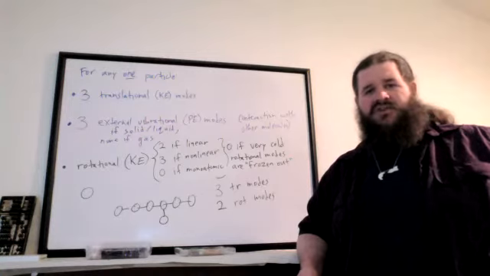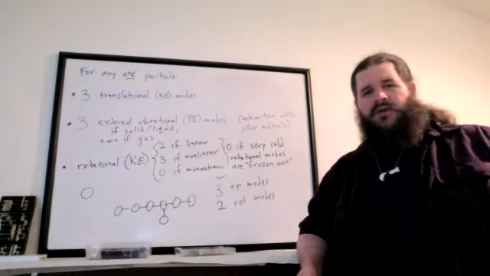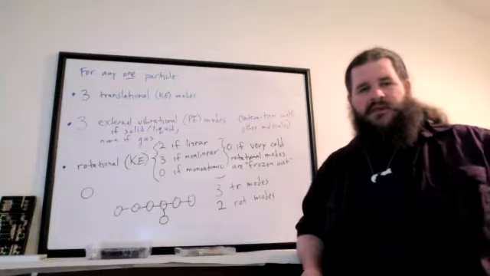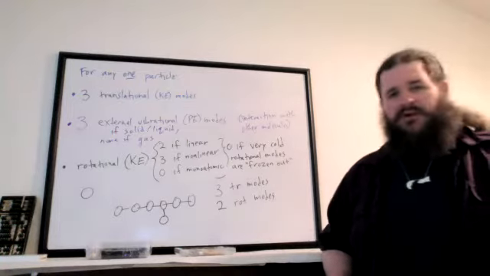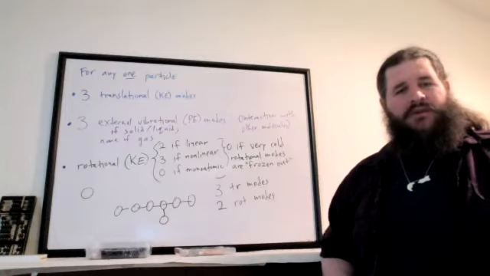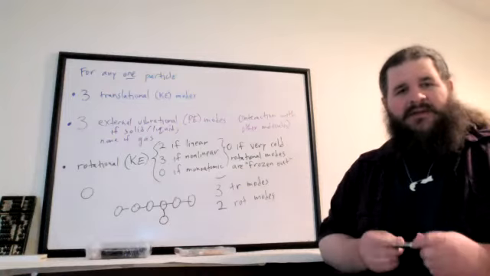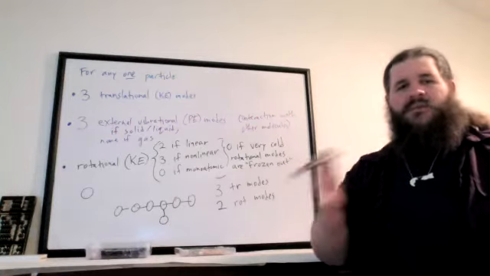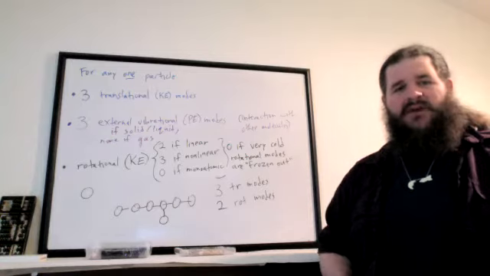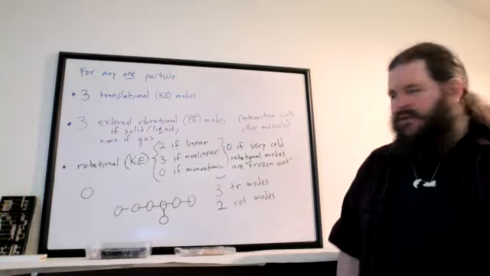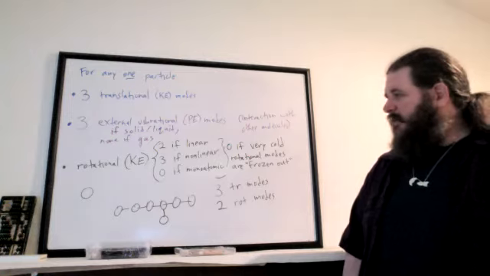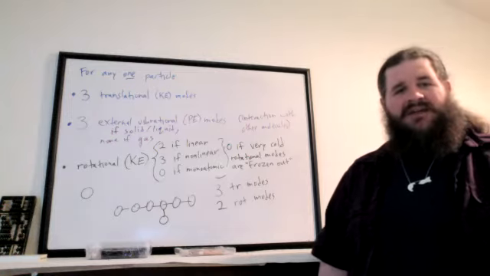And so those modes just don't happen. Very cold molecules do not rotate. But once you get up to about room temperature, you can assume that the molecules are able to rotate, at least for diatomic molecules. The exact threshold of can rotate versus can't rotate varies from molecule to molecule. But diatomic molecules in a gas form, we usually assume they can rotate by the time they get up to room temperature.